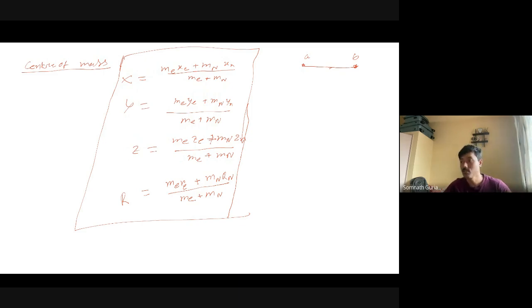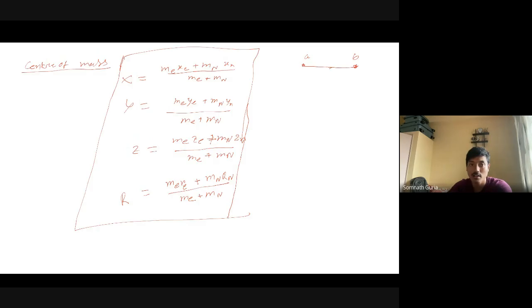Okay, so now based on these coordinates, we can write something called reduced mass. It will come in the later part. Now my hydrogen atom equation has two parts: one is the nuclear part, another is the electrons.